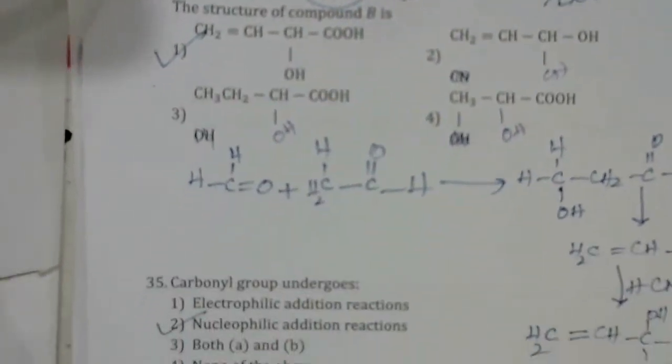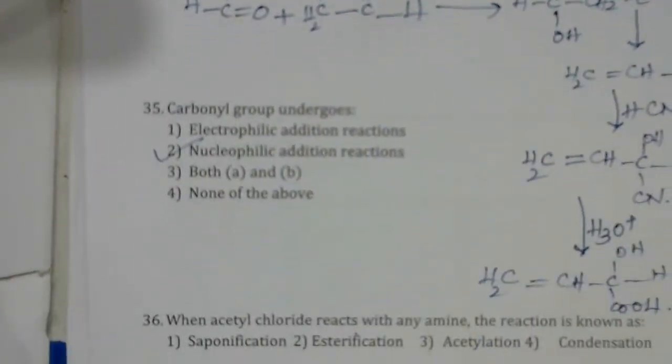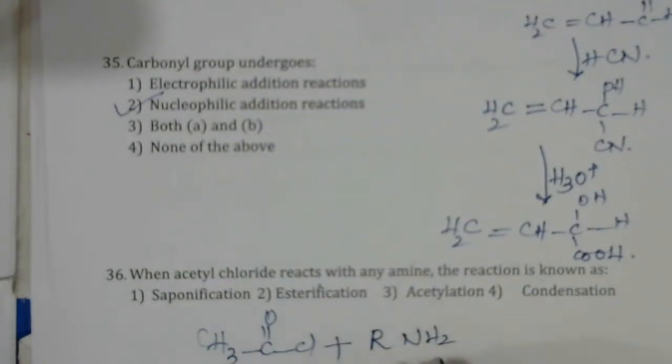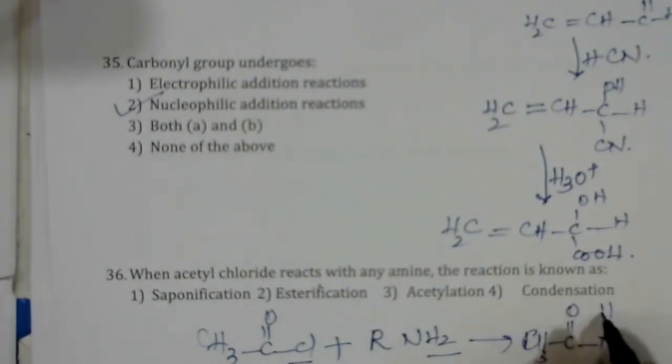Next question. When acetyl chloride reacts with any amine, what is acetyl chloride? Tell me. CH3C double bond OCl. When acetyl chloride reacts with a compound like an amine, RNH2, H and Cl are eliminated to form CH3, C double bond O, NHR.